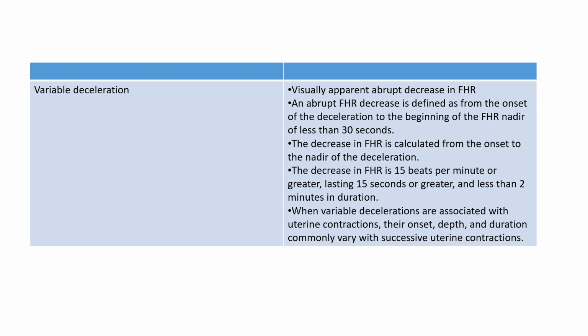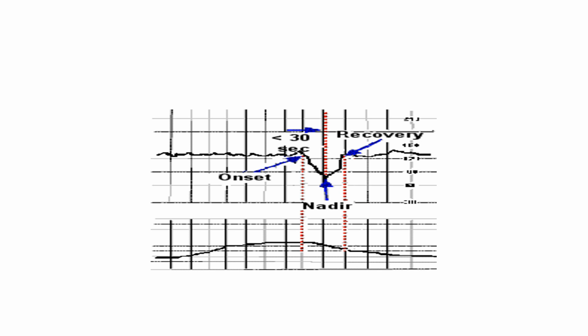It can be associated with the uterine contraction or not. They are commonly variable, meaning that they vary in shape, size, and duration, and that's why they are called variables. You can see here the variable deceleration.